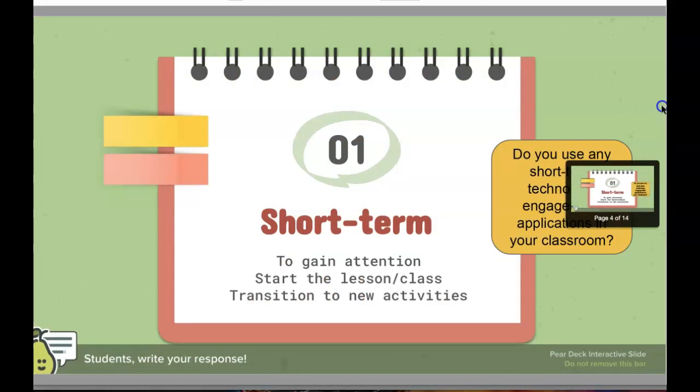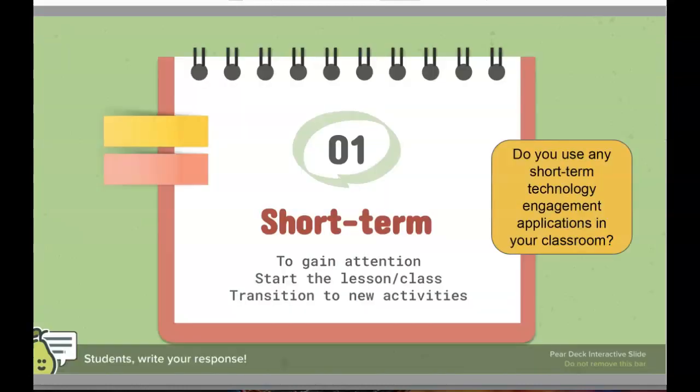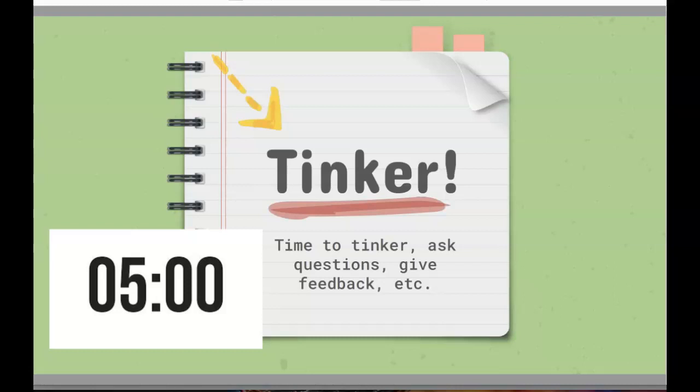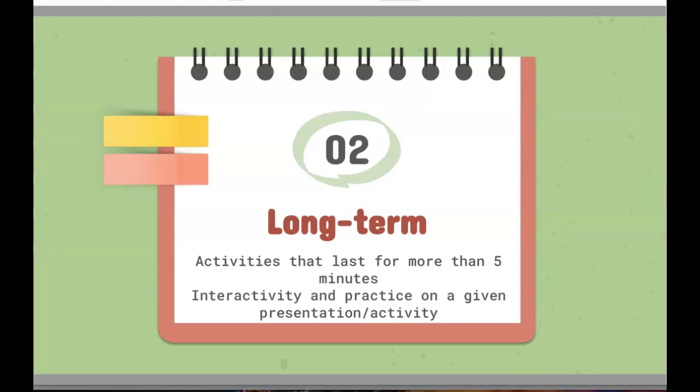And then you're using a very similar structure. Short term. Okay, and then website, Google extension. Then you're giving them time to mess around, and I see you've got your timer there too. Long-term activities last for more than 5 minutes.